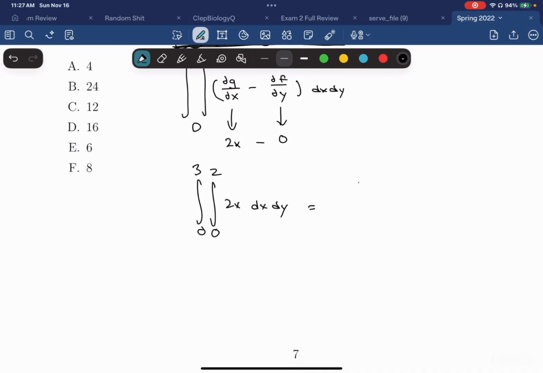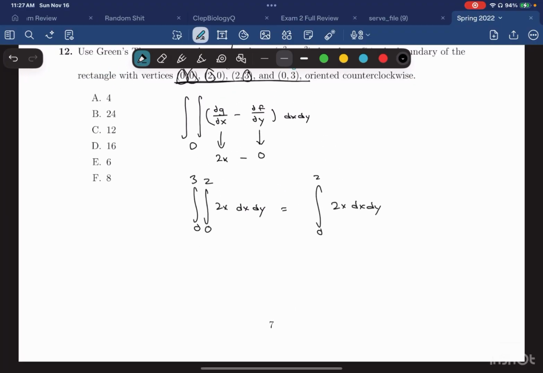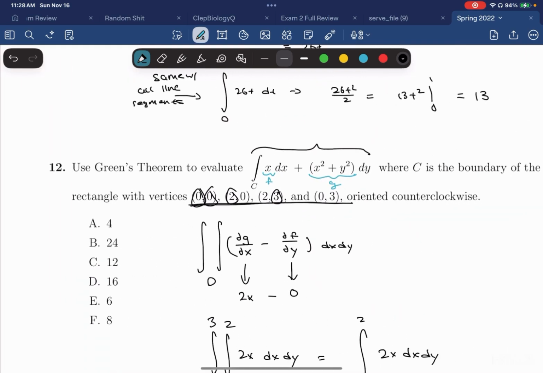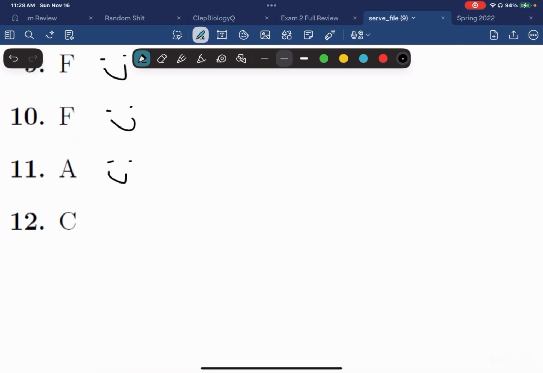So from 0 to 2 of 2x dx, you simply get x squared from 0 to 2, which gets you 4 minus 0, which is just 4. And then from 0 to 3 of 4 dy, you get 4y from 0 to 3, which gets you the answer choice 12, which is answer C, which in this case is correct.